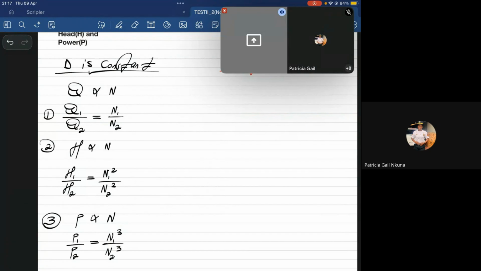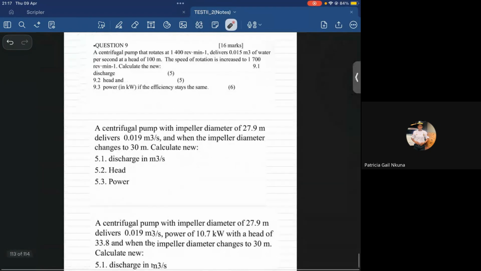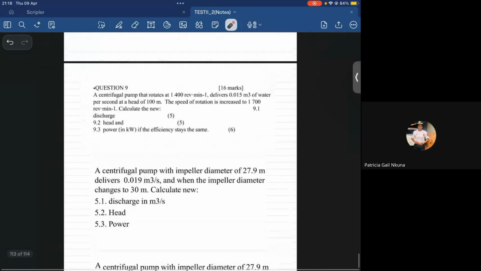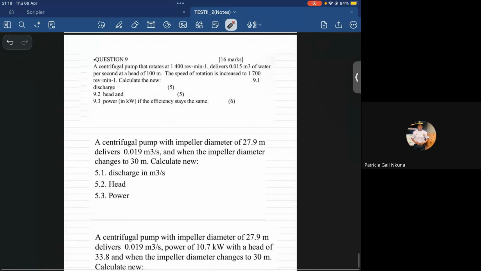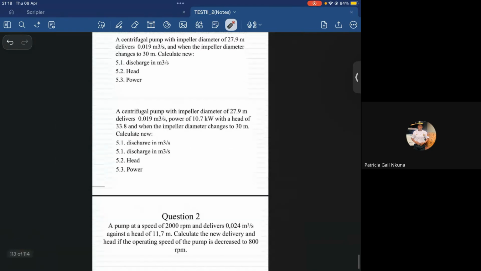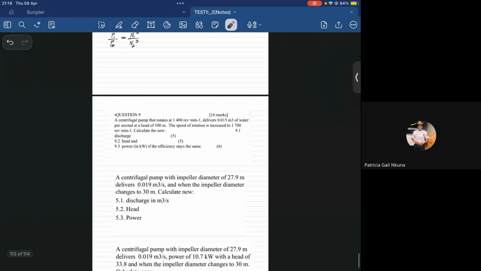So I can see that time is no longer on our side, but after this, we'll just have one example of this, and then the rest you'll solve on your own. Which means that next time when we meet, we're going to discuss these last three examples.